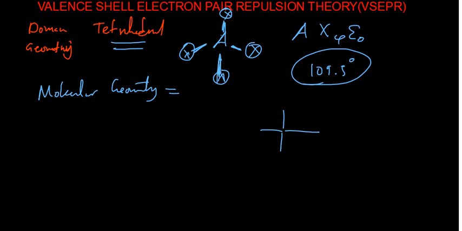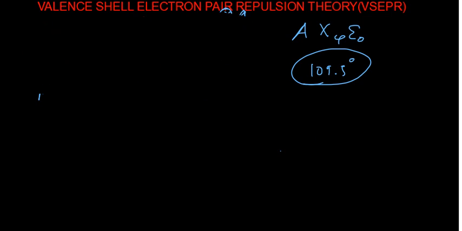This atom is pointing in our direction, this one is pointing in the other direction, and this one is pointing up. That's why you can see it is a tetrahedral shape. They always want to have the maximum distance away from each other, so the bond angle is 109.5.